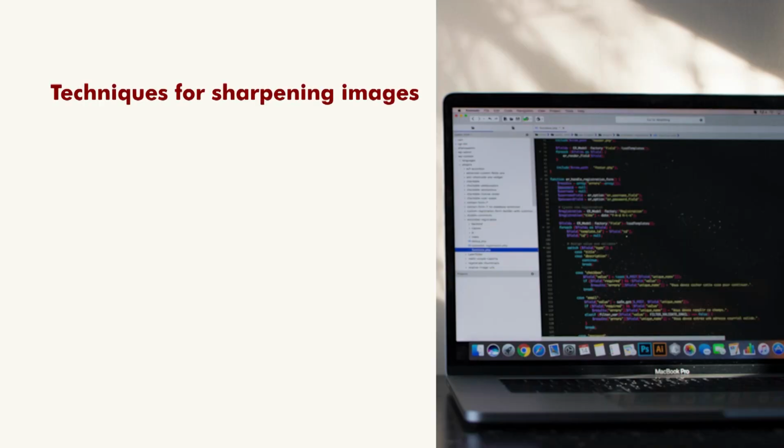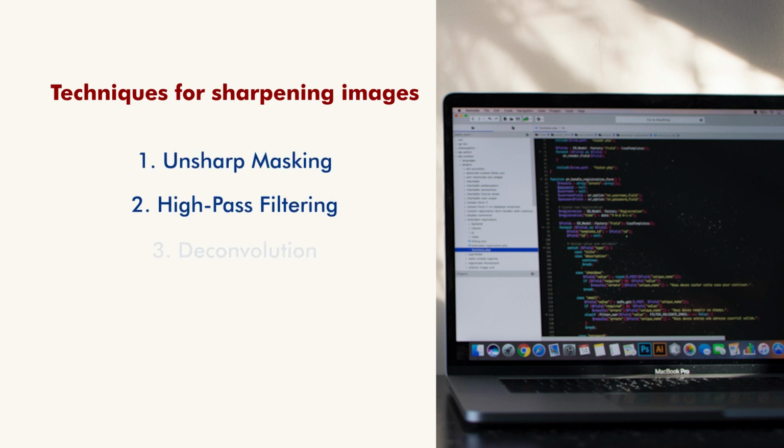When an image is captured, it may be affected by various effects such as camera shake, motion blur or lens distortion, which can result in a loss of sharpness and detail. So there are several techniques for image sharpening, including unsharp masking, high pass filtering and deconvolution. Image sharpening is particularly important in applications such as medical imaging, where the accurate representation of fine details can be critical for diagnosis and treatment.